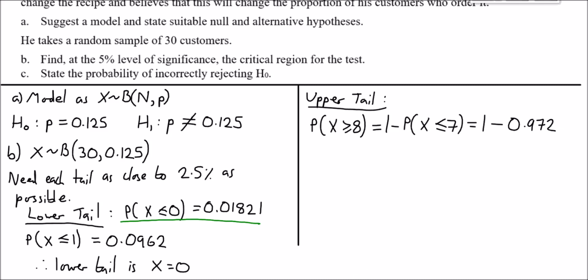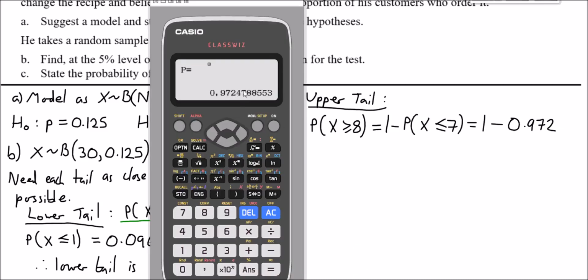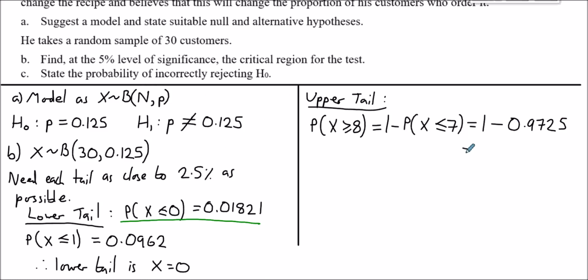In fact, go slightly more, 0.9725, to 4 sig figs. And that gives us 0.0275.